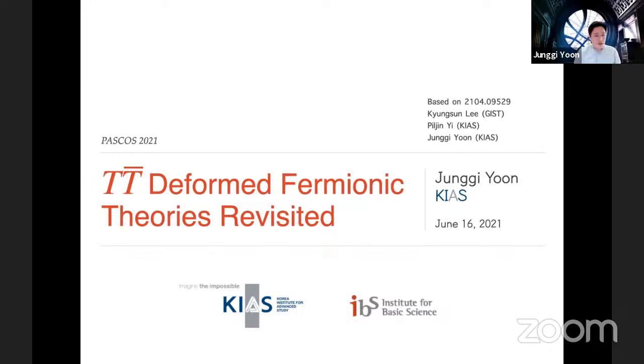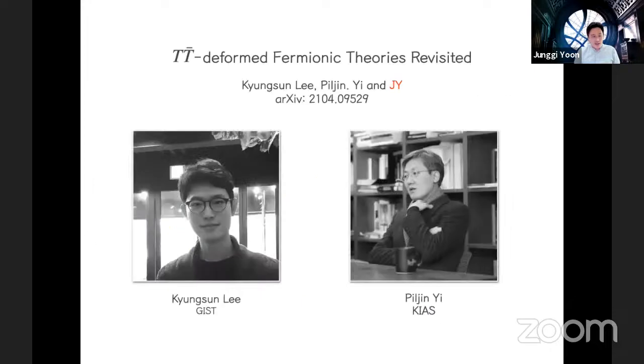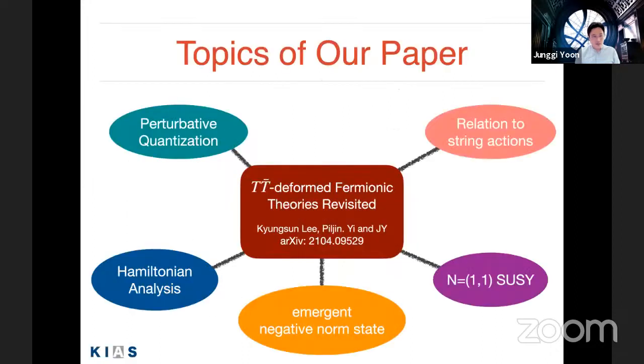Hi, thank you for the opportunity to present our work at PASCOS. Today, I will present our recent paper, the TT-bar deformed fermionic theory revisited. For this work, I collaborated with Pilchin Lee at KIAS and Kyung-Sun Lee at Delft. In this paper, we investigate various aspects of TT-bar deformation. We work out the Hamiltonian analysis of TT-bar deformation for the scalar field and free fermion.